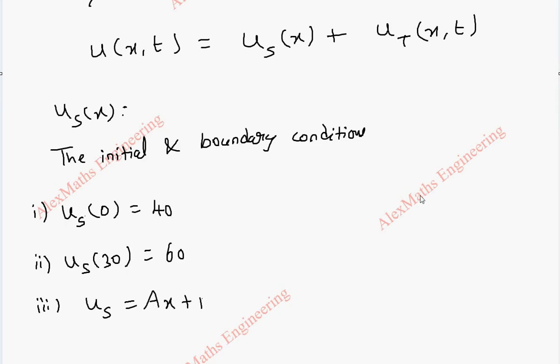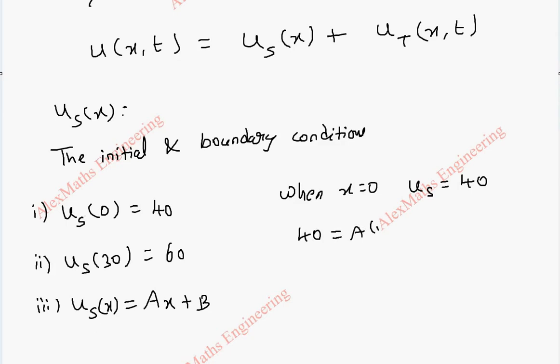ax plus b. That is u s of x. Now we know when x is 0, u s becomes 40. So when I put 40 here, 40 equal to a into 0 plus b. From this, the value of b is 40. Similarly, when x is 30, we get u s is 60.